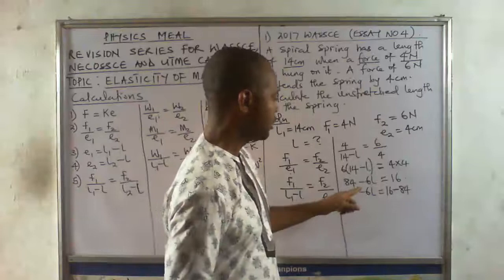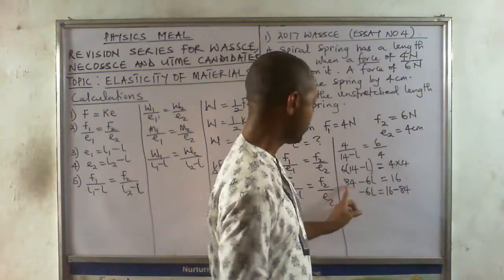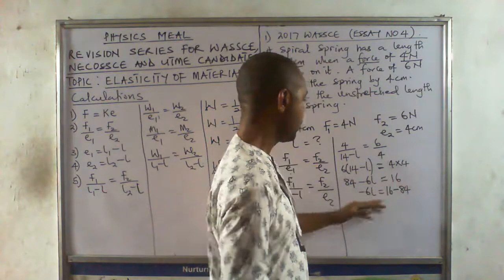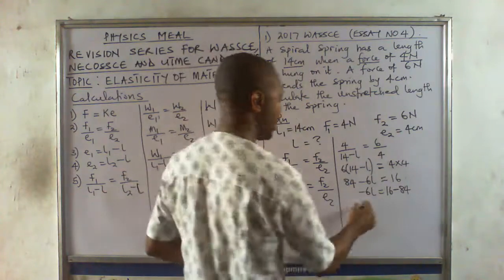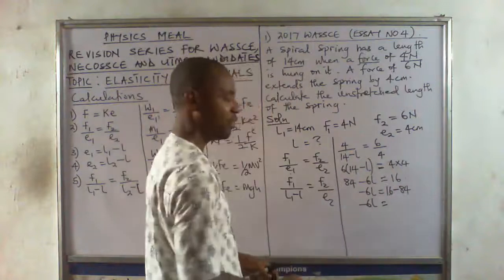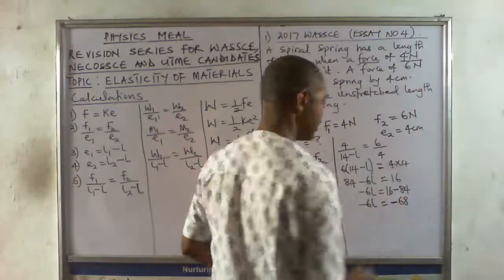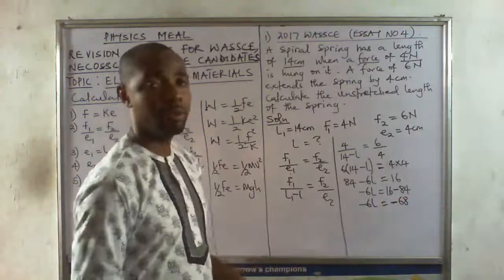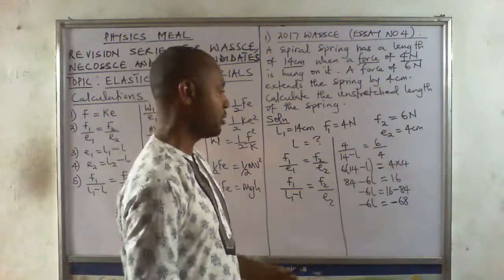Now this and this are like terms, and when this moves to that side, we're going to have minus 84. So we have minus 6L equals 16 minus 84, which will give me minus 68.